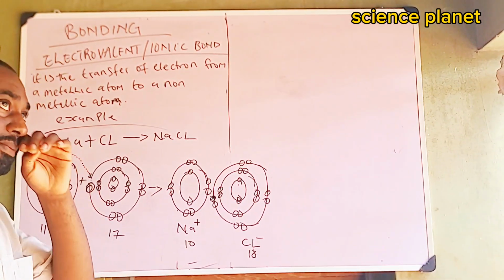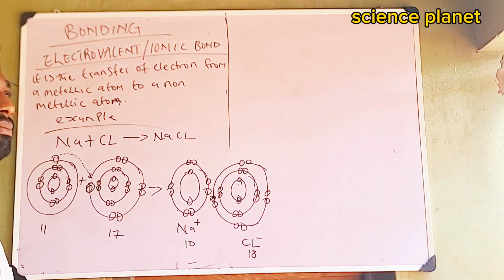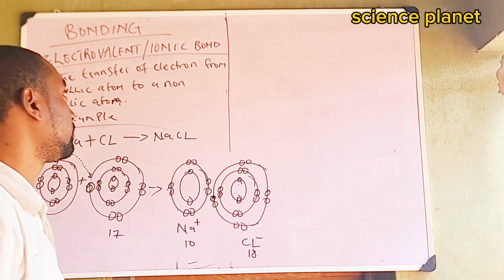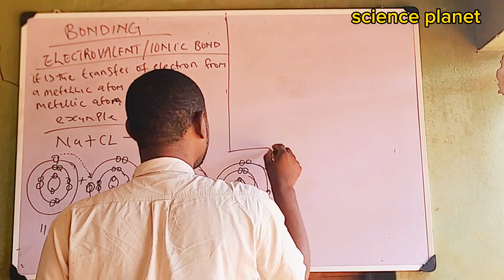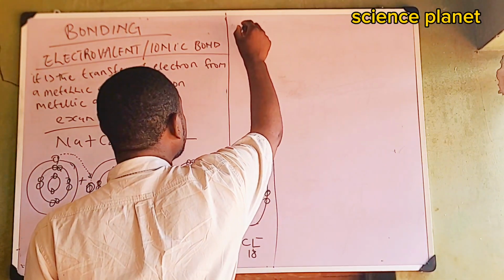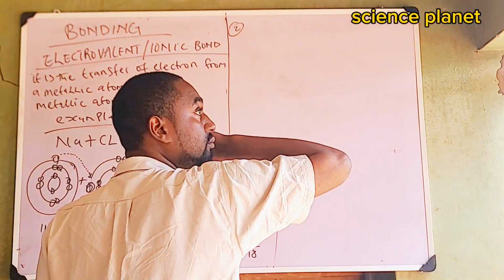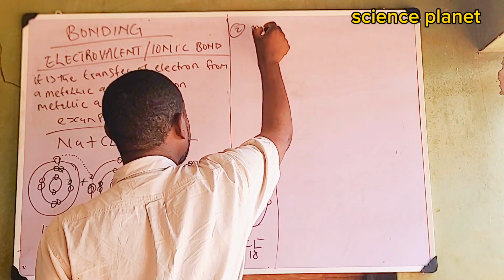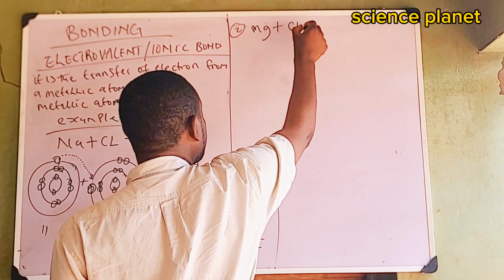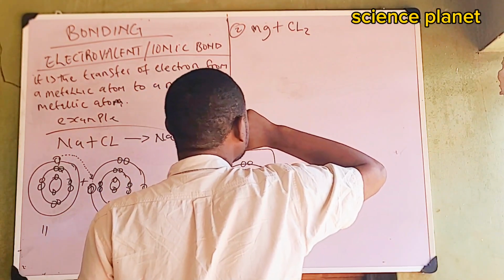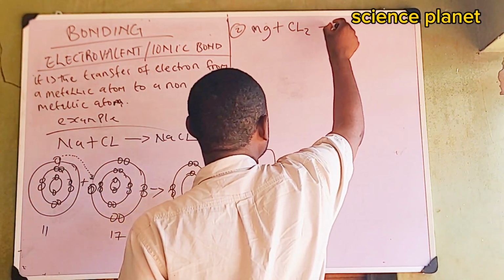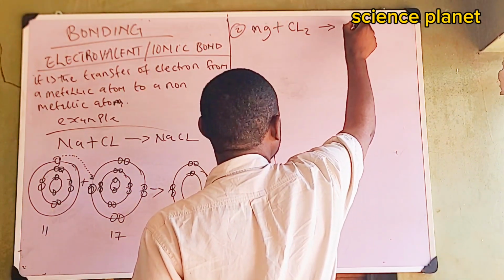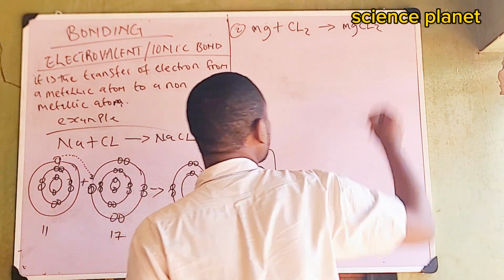Let's look at another example, example 2: magnesium, that's Mg, coming together with Cl2 to give you MgCl2.